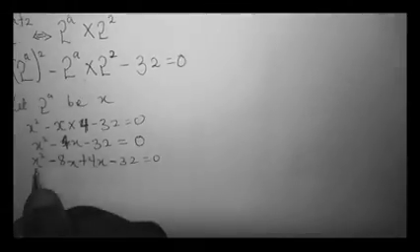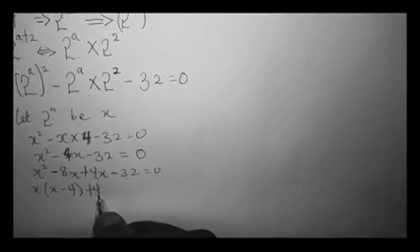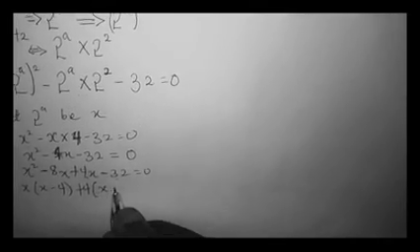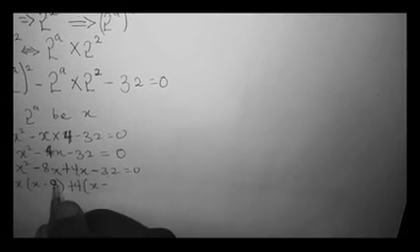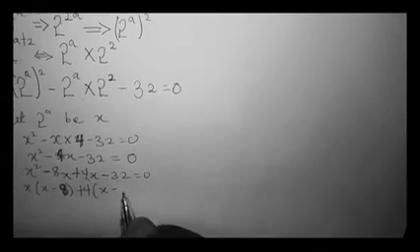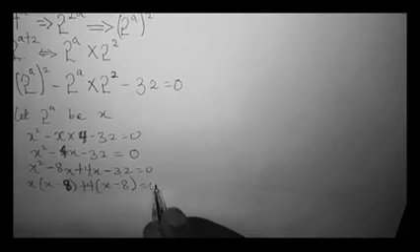So how will you express this now? What's common between these two? That's x. Then you have x minus 4. What's common between these? Plus 4. Then you have x minus what? Oh, this will be 8. Sorry, this will be 8. Then this one will be 8 equals 0.